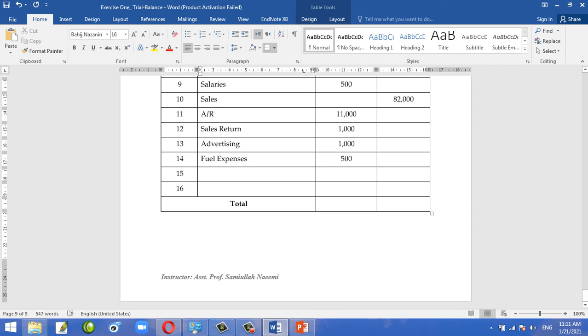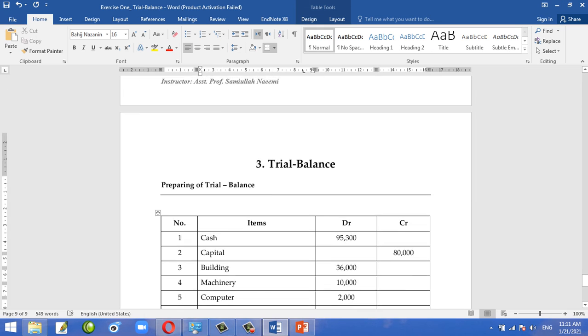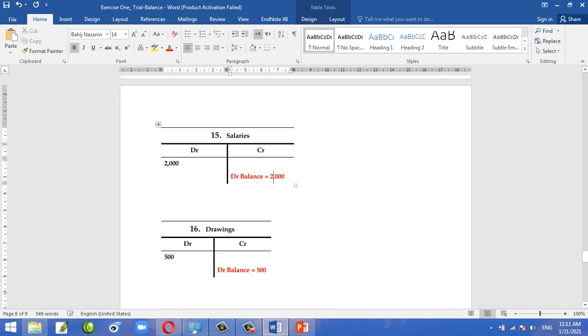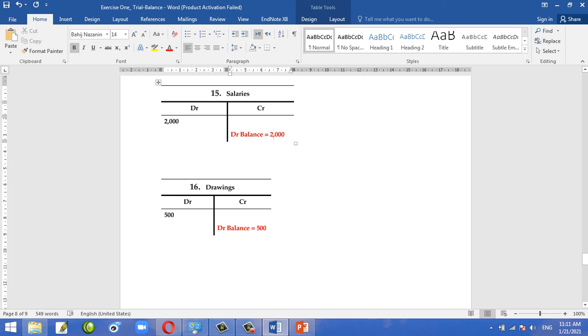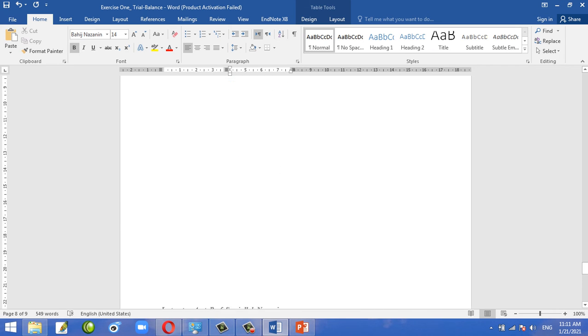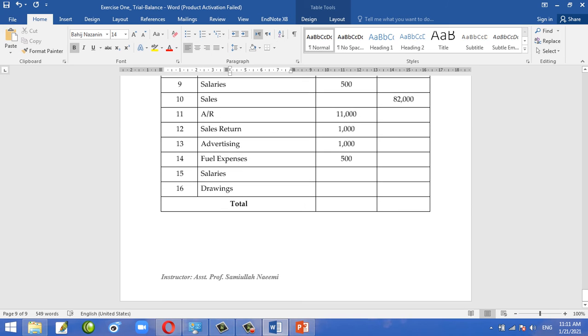We also have 500 as drawings in debit balance. We have 2,000 in debit side as well as 500 in debit side.